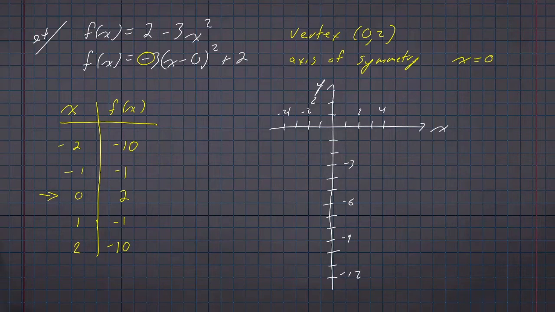Plot my points in question: (0, 2), (negative 1, negative 1), (positive 1, negative 1), (negative 2, negative 10), (positive 2, negative 10). Connect the dots. Gives me a parabola that looks something kind of sort of like that.